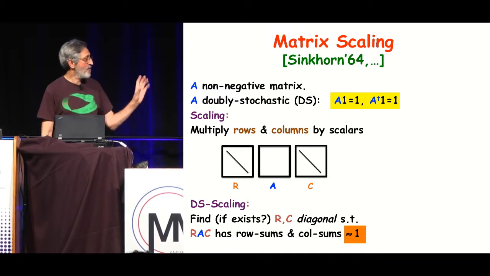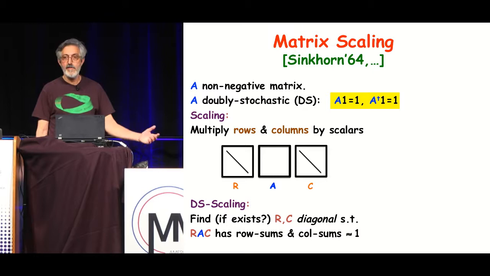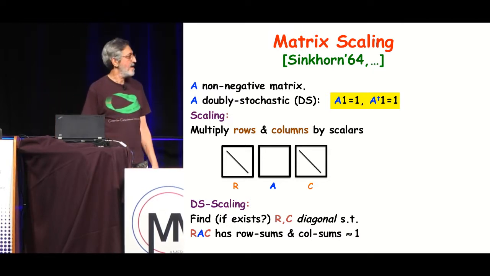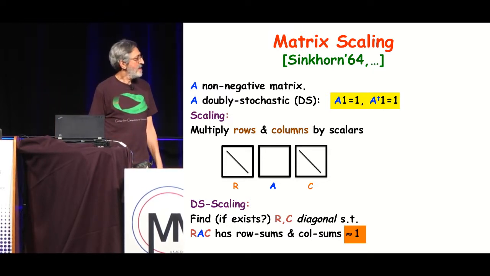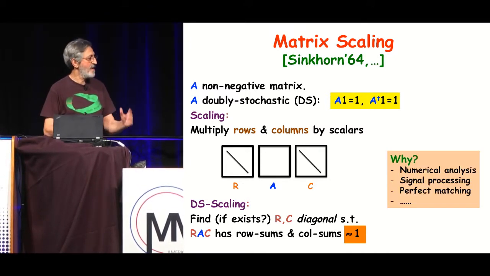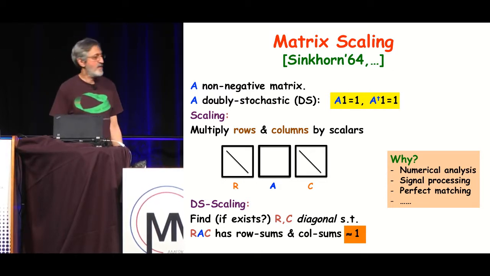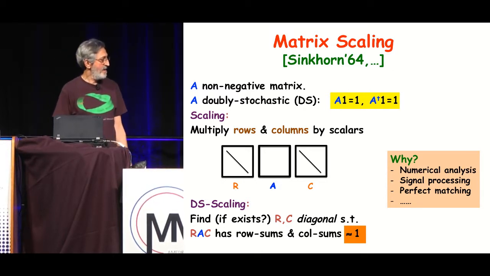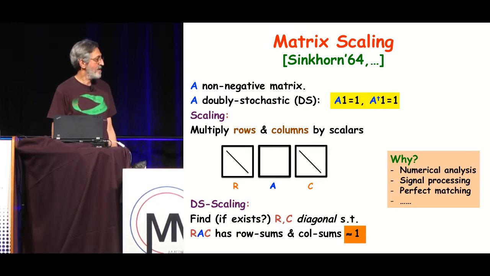So that's the question we are asking, whether it's possible for a given matrix and then finding the scaling factors. And I want to stress that we will just try to make it approximately doubly stochastic, as close to doubly stochastic as possible. The question is whether we can approach double stochasticity.